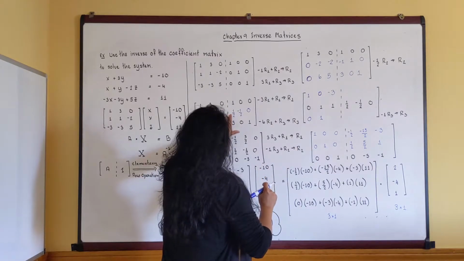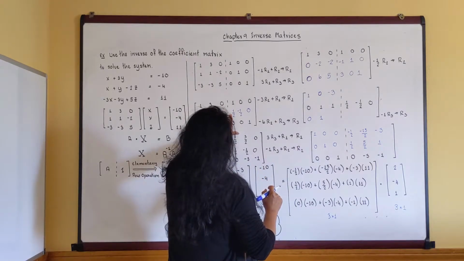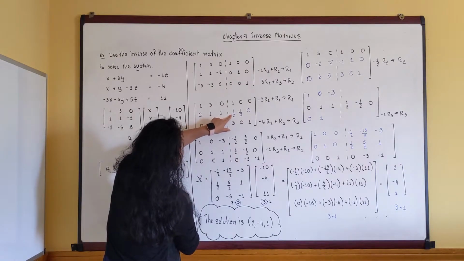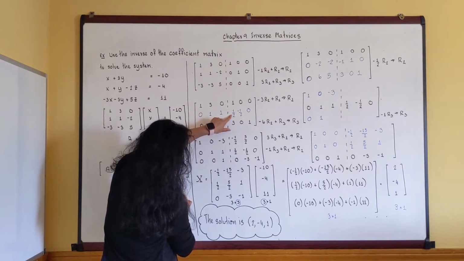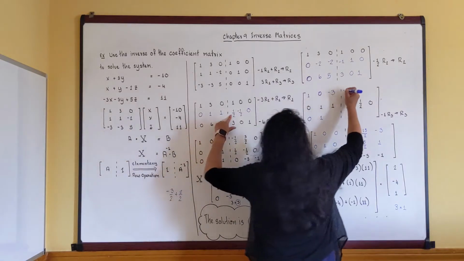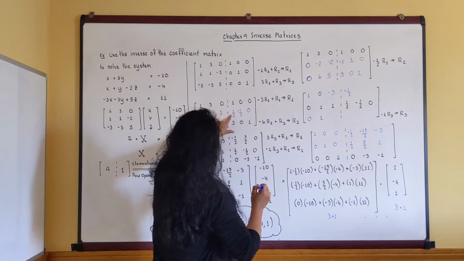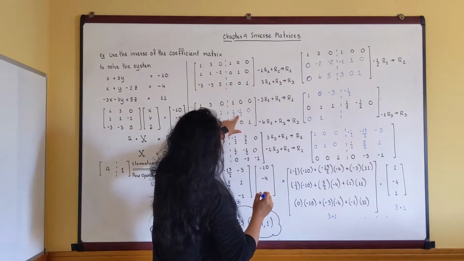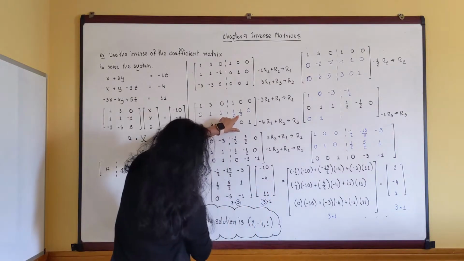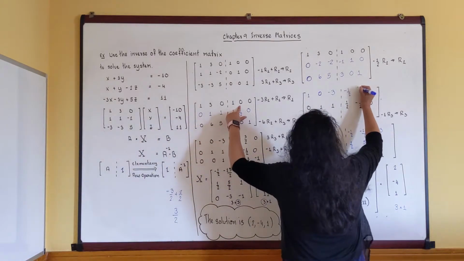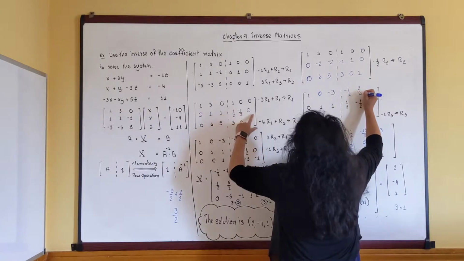So this one is going to be negative 3 over 2 plus 2 over 2, that's negative 1/2. This one is going to be 3 over 2, and this is 0, so it's 3 over 2, and this is 0.